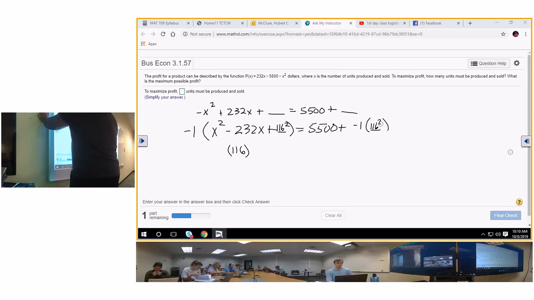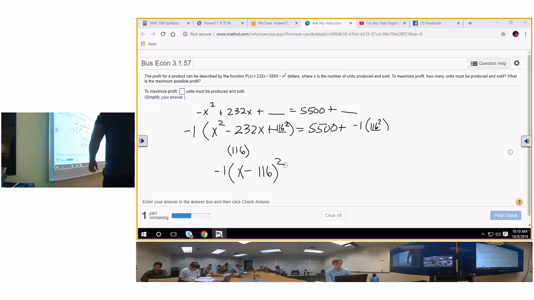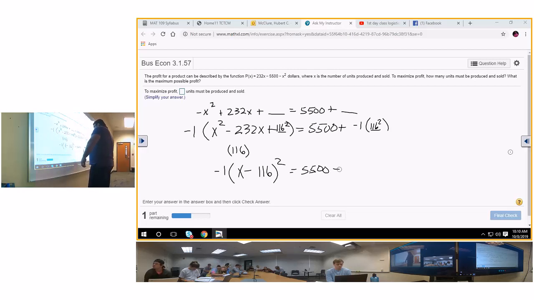So that's going to be negative 1 times x minus 116 quantity squared is equal to 5,500 minus 116 squared. What's 116 squared? 13,456.